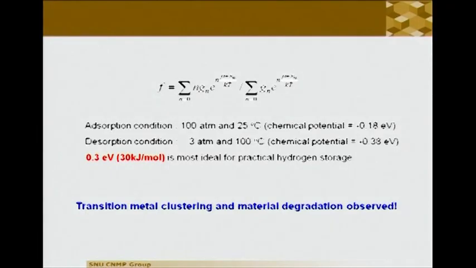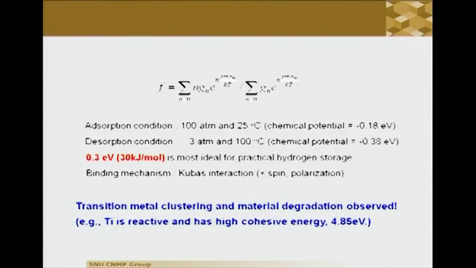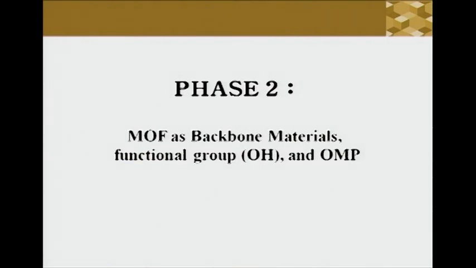However, in practice, transition metal clustering and material degradation were observed. So we never succeeded making this kind of storage material using any polymers. So we gave up the polymer. Well, that's its binding mechanism. I think I'll skip this, the more theoretical part.